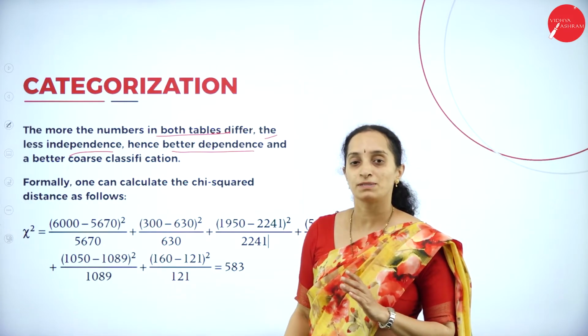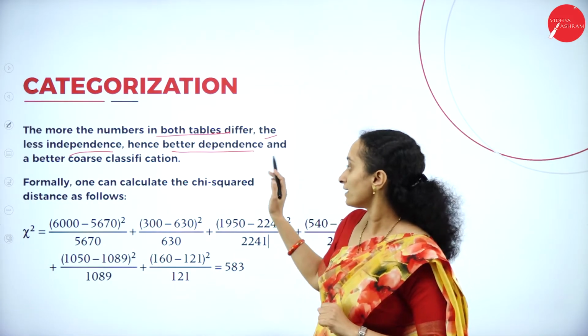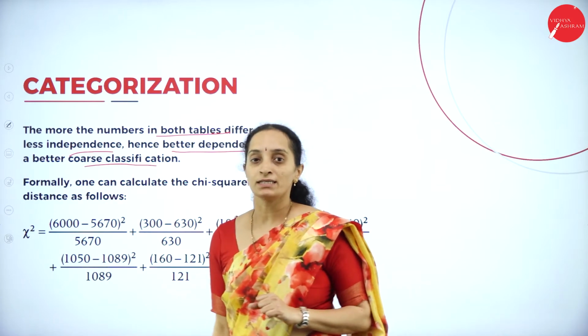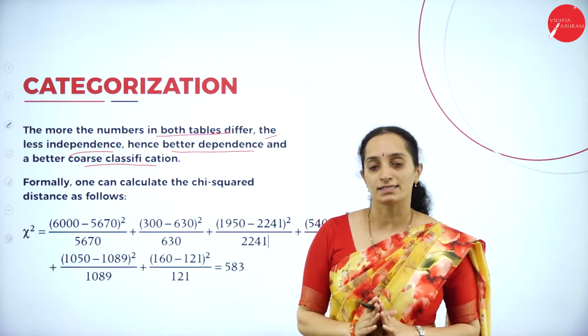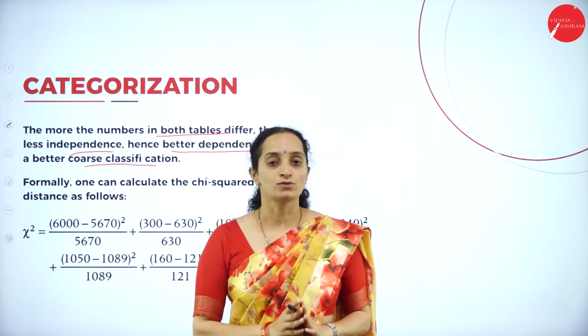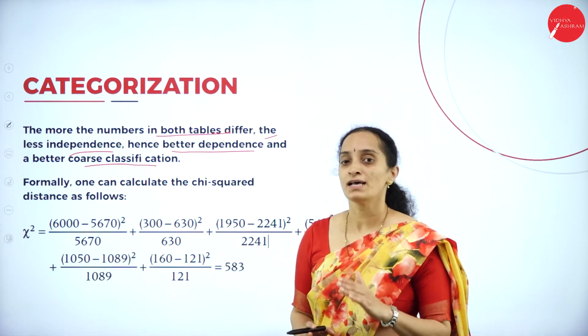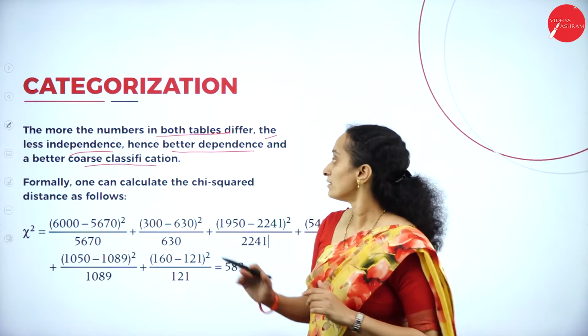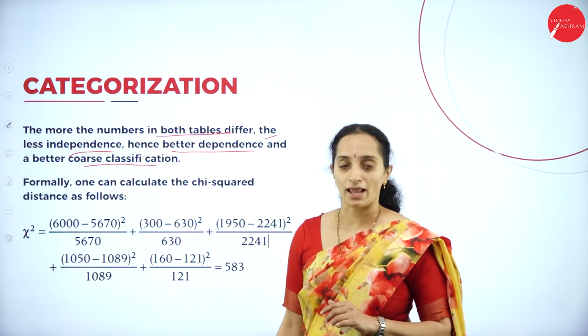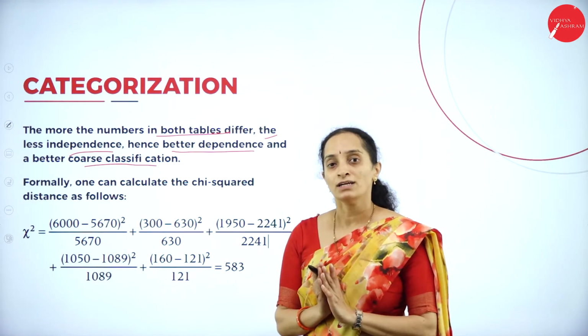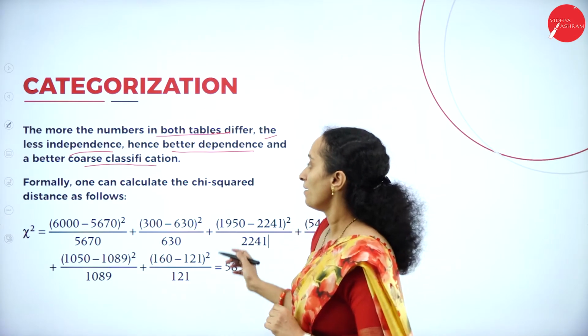Less independence means they are dependent on other values, and a better classification or categorization can be done by using the chi-square analysis. So, less independence makes it dependent on the other values, which gives a good categorization method.